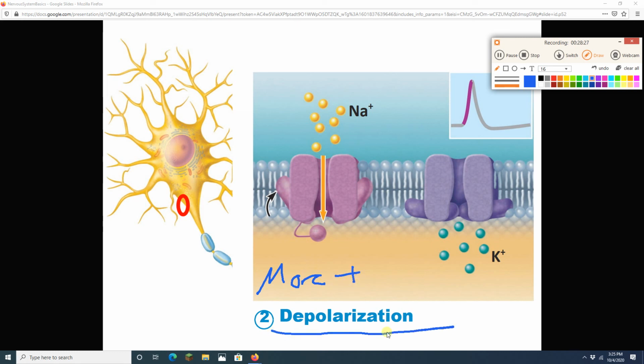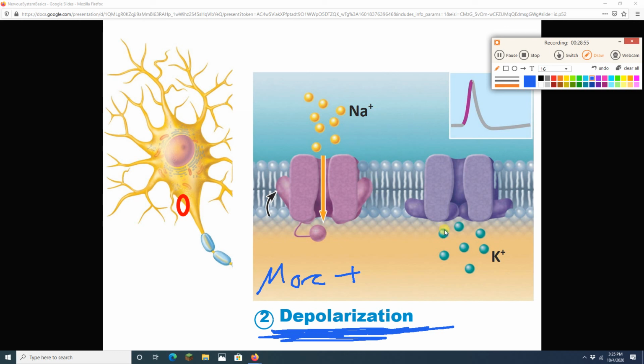It's going to depolarize it. So we are depolarizing this initial spot on our membrane because sodium rushed in. Sodium influx happened. We see it on our graph. The first bit of depolarization would be due to the arrival of the graded potential, but then the rest of it is because of this influx of sodium.